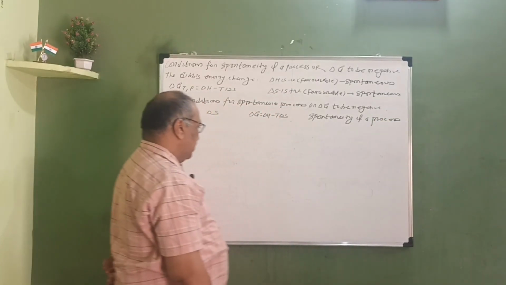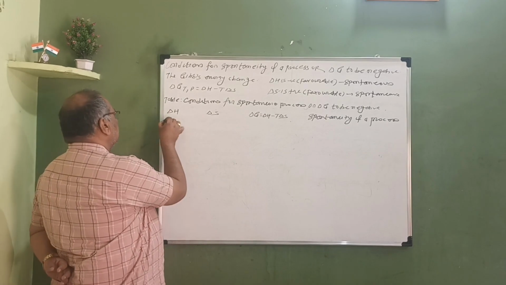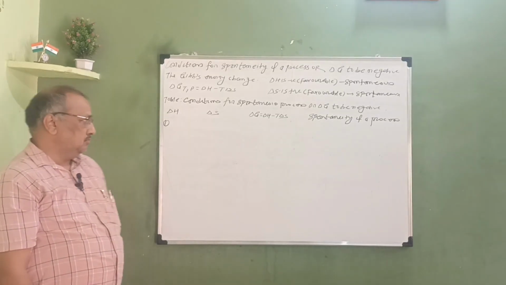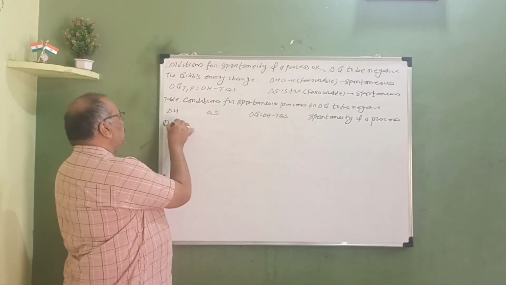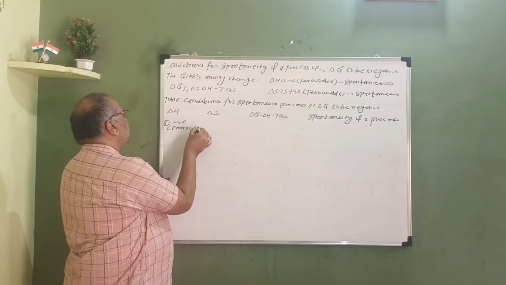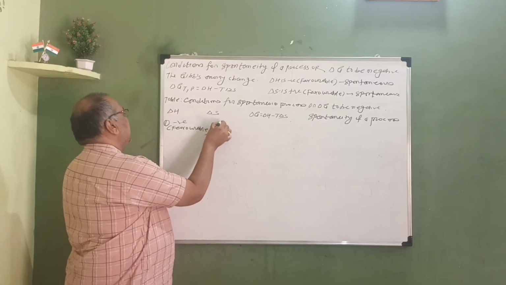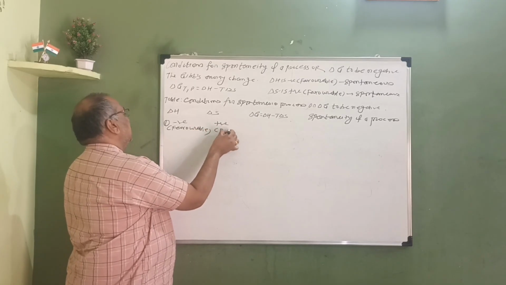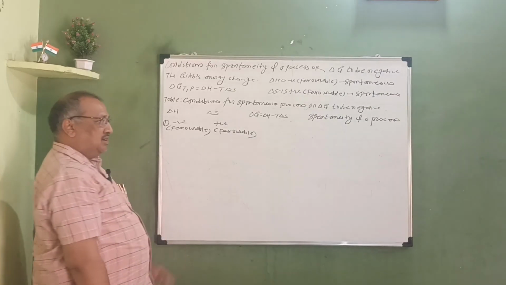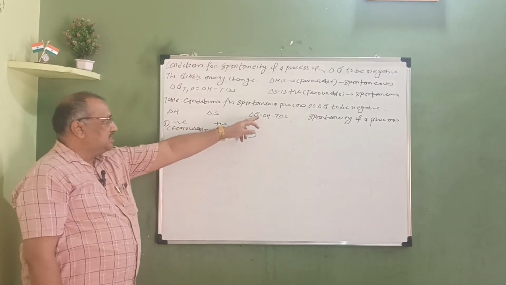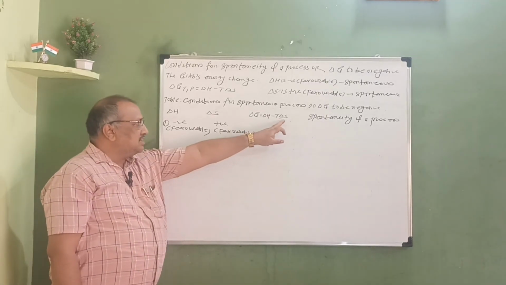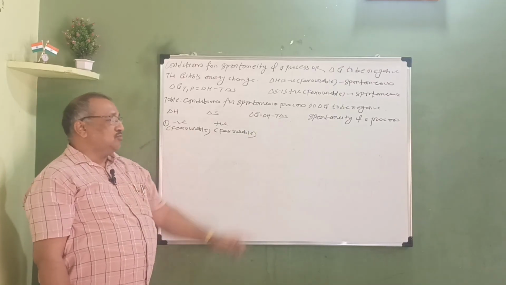Now we have number one. If delta H is negative, which is also called a favorable condition, delta S is positive, which is also called a favorable condition. Here this delta H is negative, this T delta S is positive, positive into negative, negative.